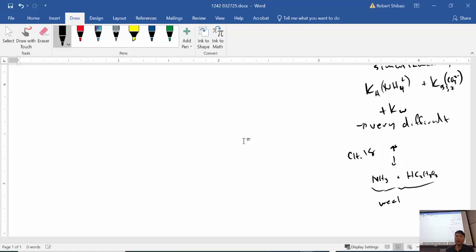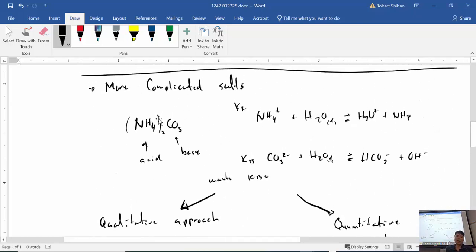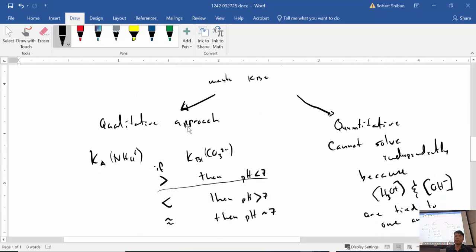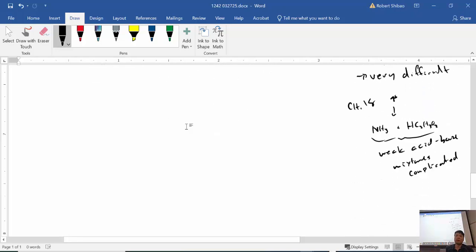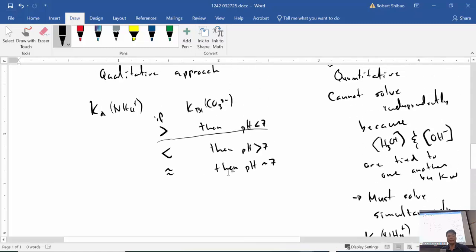Weak acid-base mixtures are complicated. This is a weak acid-base mixture because the cation is the acid, the base is the anion. All right, so that's one type of salt that was skipped over in chapter 17.